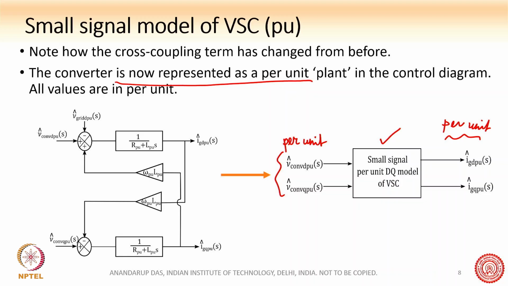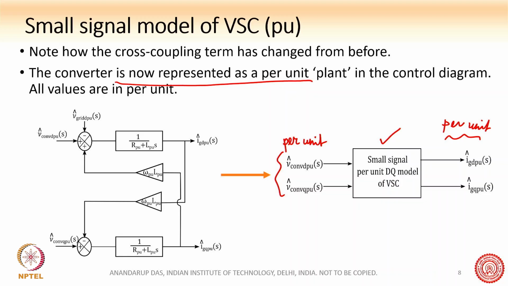We will say that IGD or IGQ, suppose we take a convention that it is flowing from the converter towards the grid, corresponding to 100 ampere, 1 per unit of IGD is flowing. And if the current is flowing from grid to the converter, then we may say IGD equals -1 per unit, if our base current is 100 ampere.